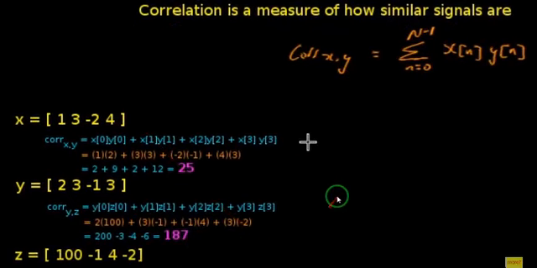So let's have another look at what we have done. You see here that we measured the correlation between x and y with 25, then we substituted the 2 with 100, and for y and z we got 187, which is a bigger number. But the problem is that, as we saw, these two curves are not behaving similarly.